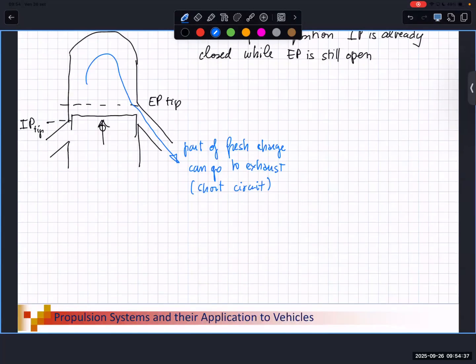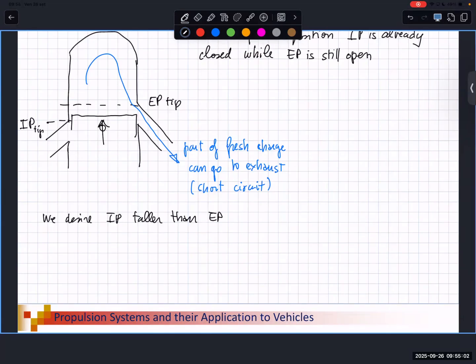So we would like to have the intake port taller than the exhaust one. But if this is a geometrical solution, we cannot change this.